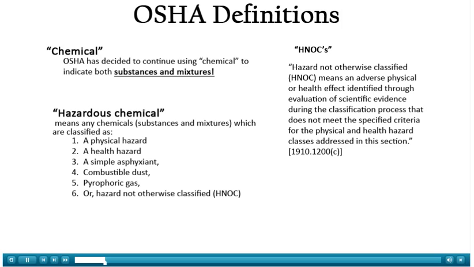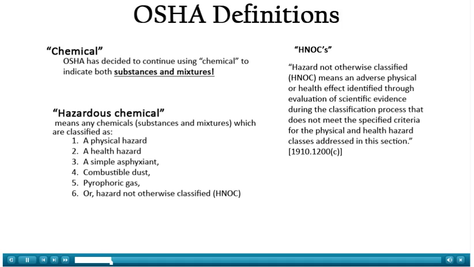HNOCs. Hazard not otherwise classified means an adverse physical or health effect, identified through evaluation of scientific evidence, during the classification process that does not meet the specified criteria for the physical and health hazard classes addressed in this section.